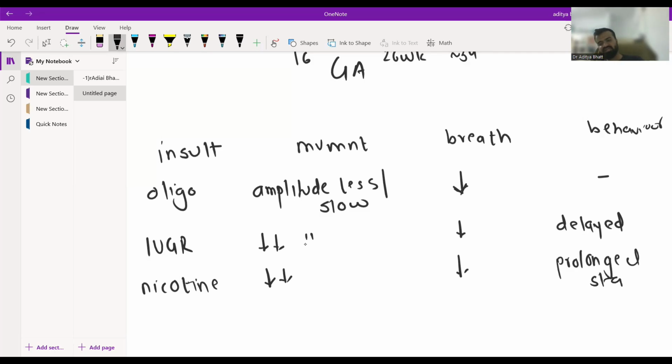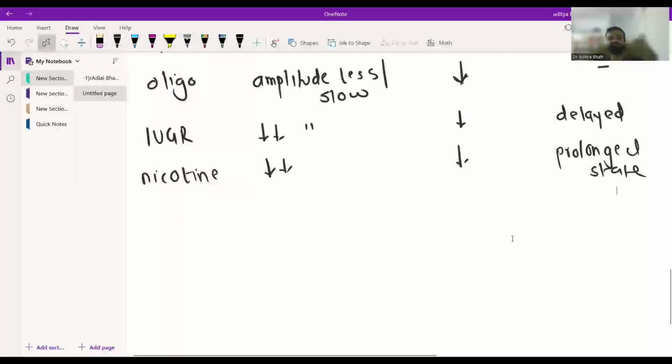Okay, prolonged state of disorganization might be seen with nicotine exposure. Obviously, nicotine exposure will cause vasoconstriction of umbilical artery and umbilical vein, and it might at the end lead to an IUGR fetus that is having probably some variant of neonatal abstinence syndrome.